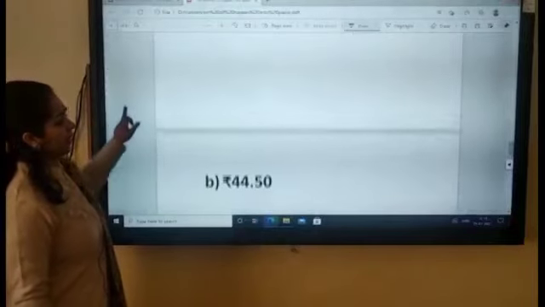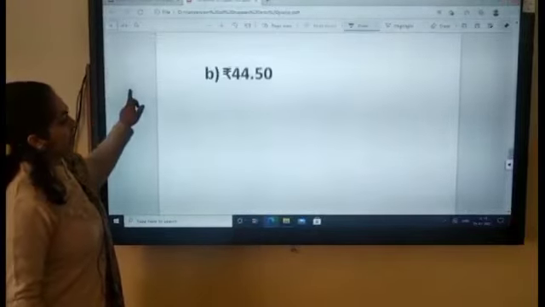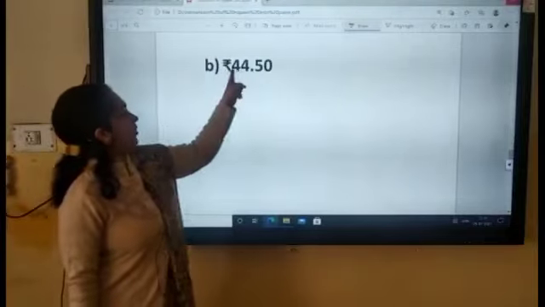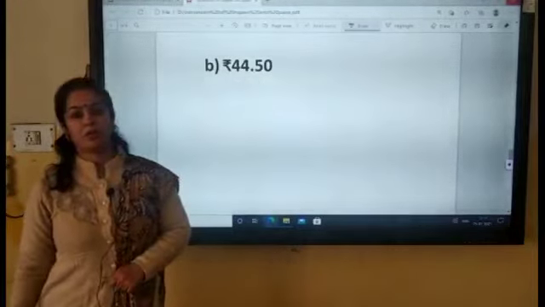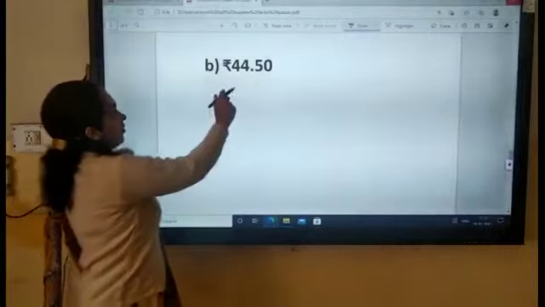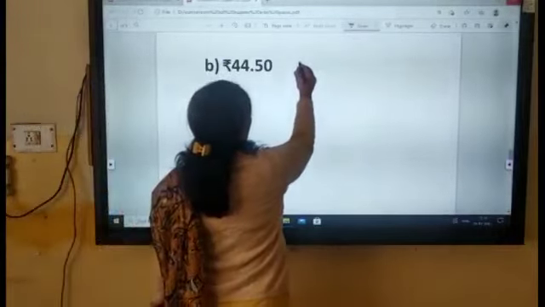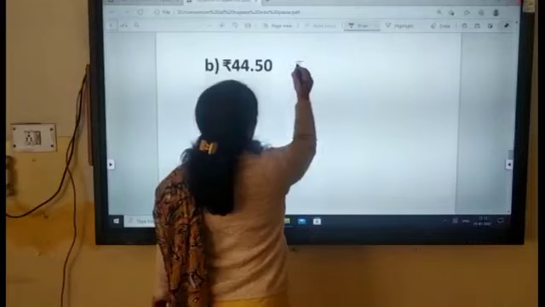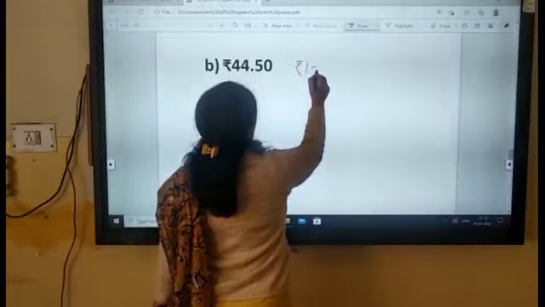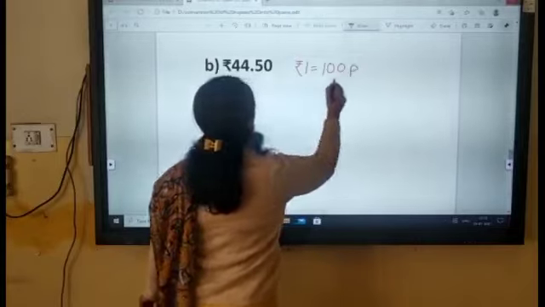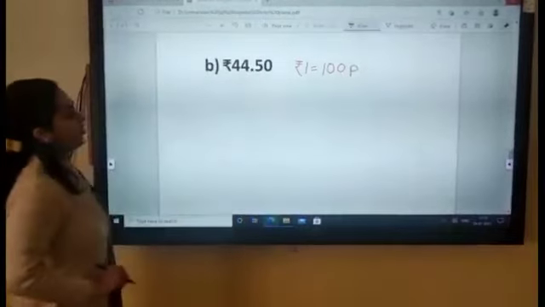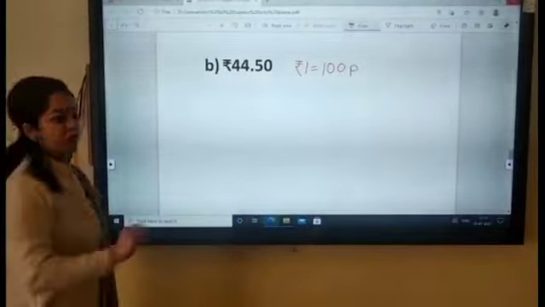In this, we have to convert rupees 44.50 into paise. So we know 1 rupee is equal to 100 paise, and first of all we will write this short form of money into long form.